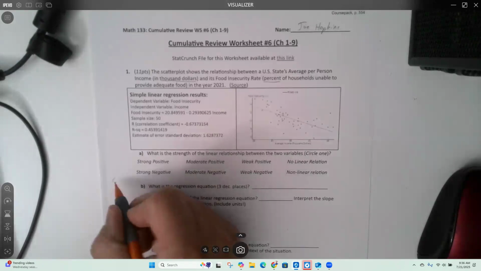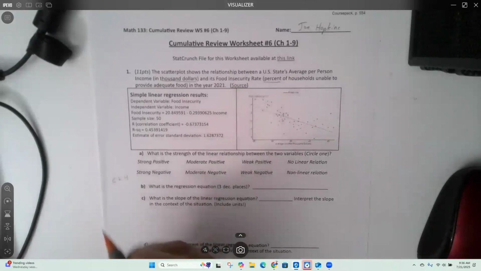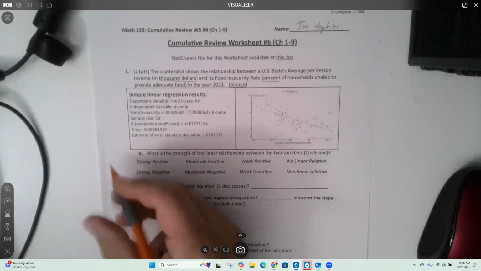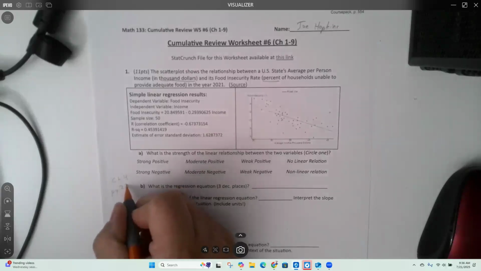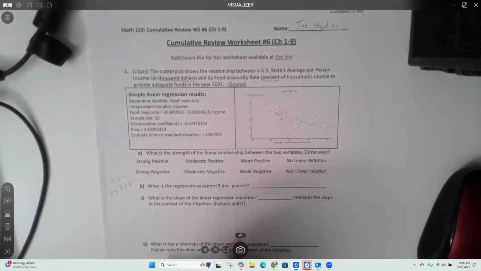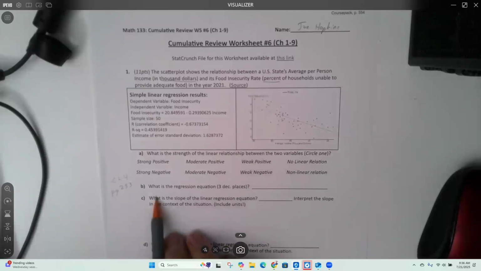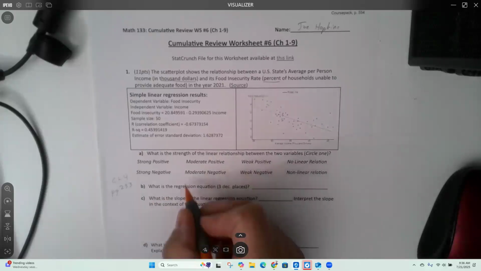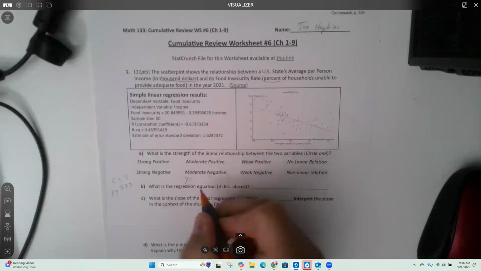All of this linear regression stuff, we talked about in chapter 4, which you can find information on page 233. So what is the linear regression equation? You can write it either way.